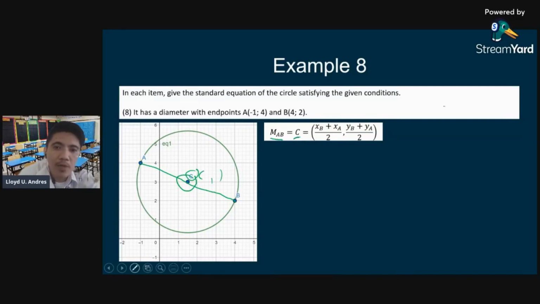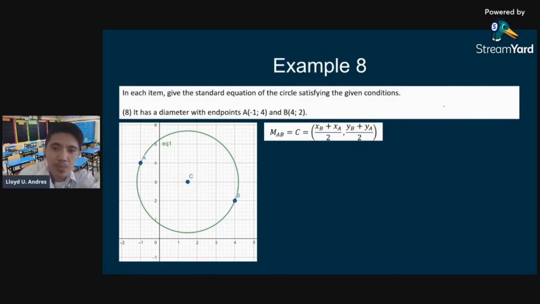And the formula for that is the x coordinate of B plus the x coordinate of A divided by 2 will be the x coordinate of your center. And for the y coordinate, you just have to add the y coordinate of B and the y coordinate of A and divide it by 2. The answer will be the y coordinate of your center.